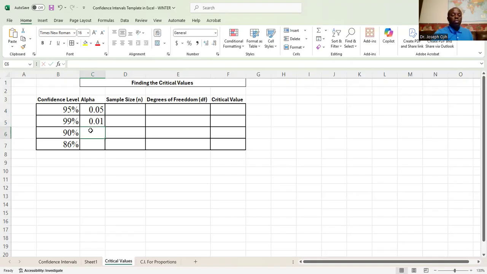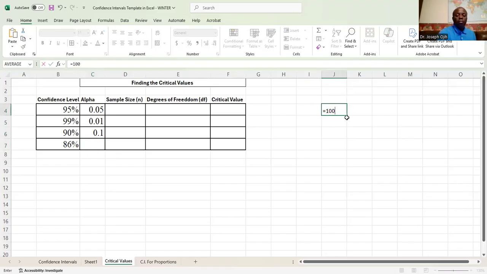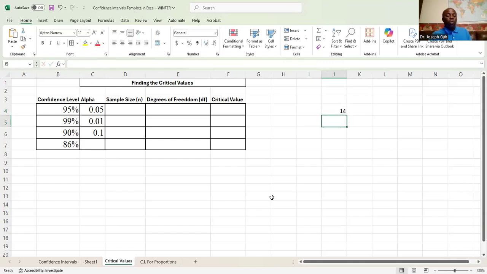In the same way, we'll get the rest of them, 0.10 and for this one, I think it's 0.14. Let me see. 100 minus 86. If you have 86% confidence, your chance of being wrong is 14%, which is 0.14.